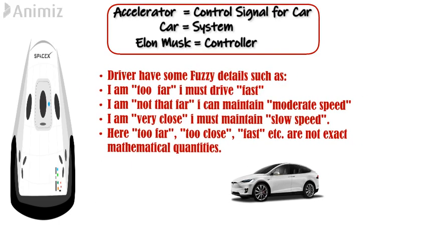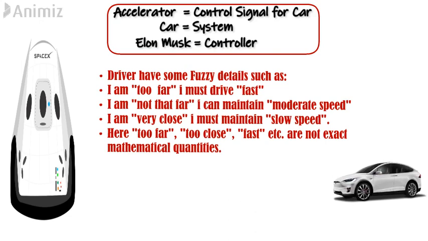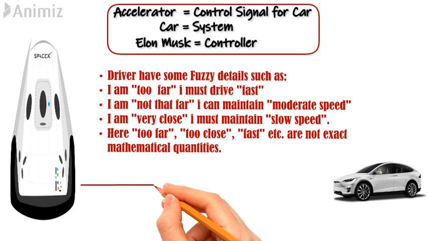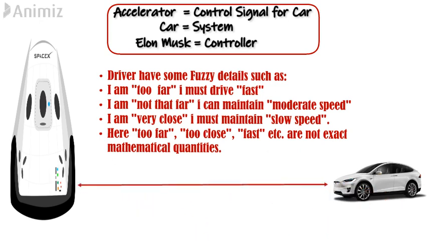As we can see, all he knew was how far he is from SpaceX, and that generated fuzzy detail and a fuzzy error in his mind. Now what is error? Error in this case is basically the distance between his desired destination and his present position.